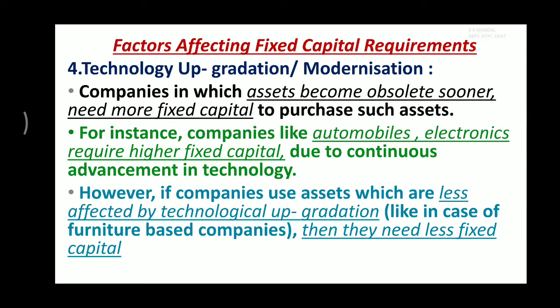So that's why for companies in which assets become obsolete sooner, the requirement of fixed capital will be more, because very frequently they have to replace their obsolete assets with advanced ones.